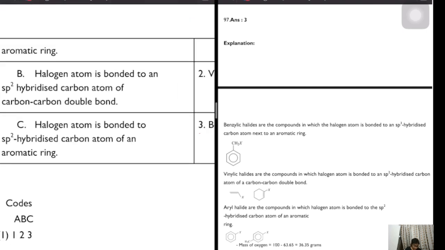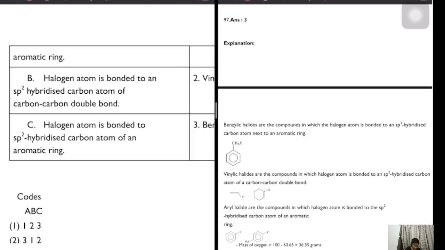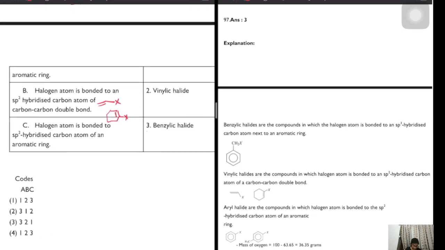Now, halogen atom is bonded to an sp2 hybridized carbon atom, so carbon-carbon double bond. That is this, or maybe this. Okay, that is allylic or vinylic, directly attached. Allylic is different. It is this.